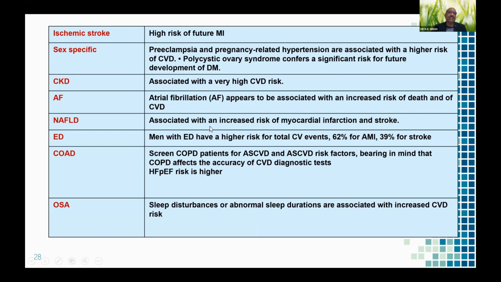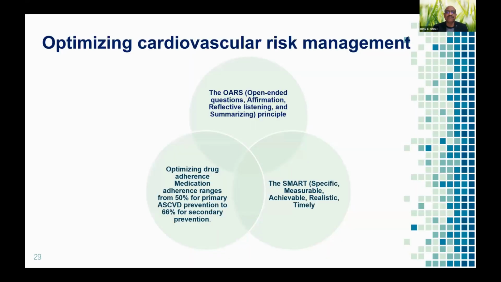If your diabetic patient has erectile dysfunction, they have higher risk for total CV events. You can see 62% for AMI and 39% for stroke. So my point is that while you are doing this risk calculation, you take history for all of these conditions.